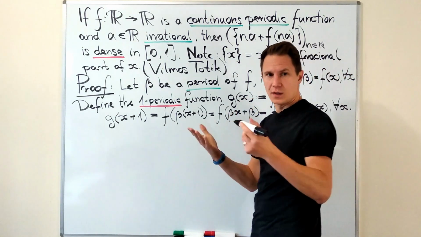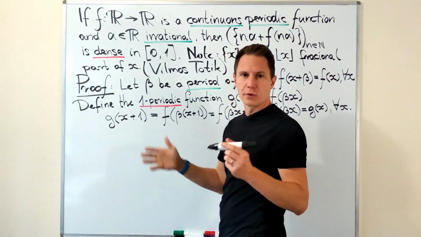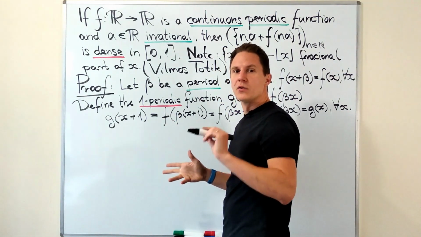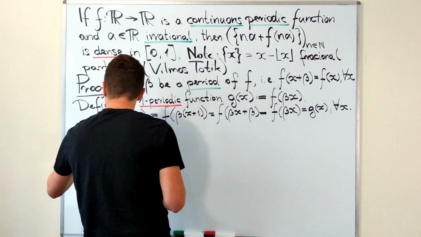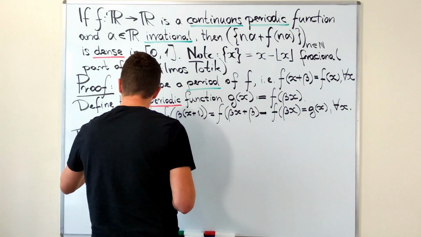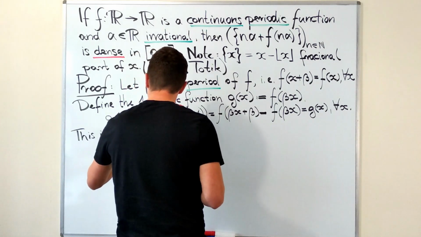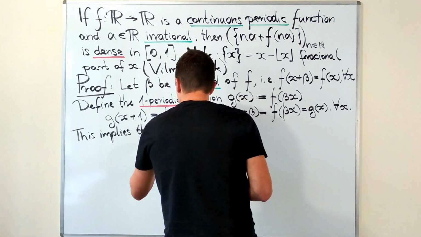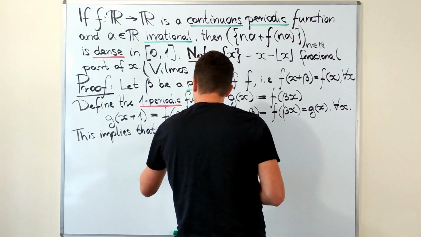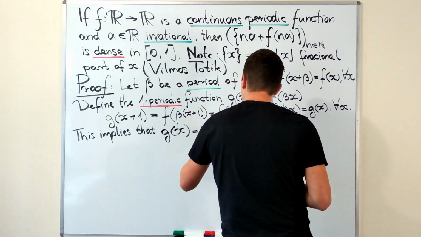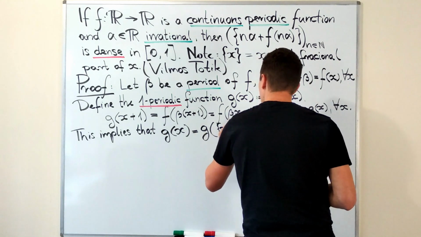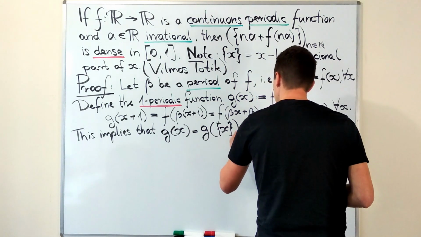So let me just formulate what I mean. So this implies that g of x is equal to g of the fractional part of x for all x.